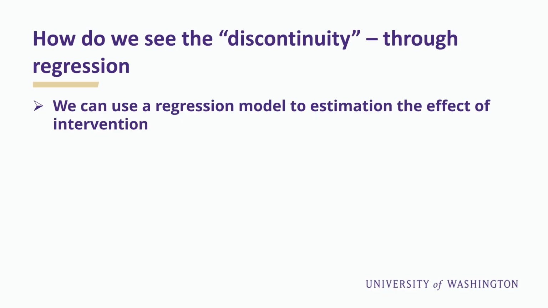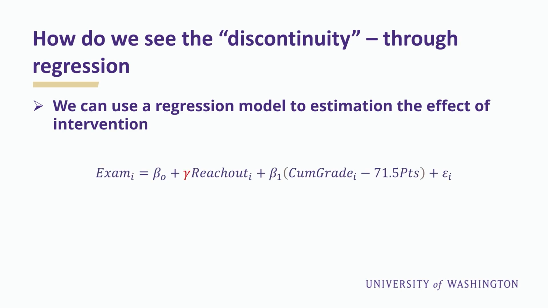So how do we see the discontinuity through regression? We can run a regression model that estimates the effect, gamma. So that's the regression line. If you are not super familiar or comfortable with regression models, gamma is the coefficient we're going to estimate, and the number you can read from the estimation is our estimated intervention effect.